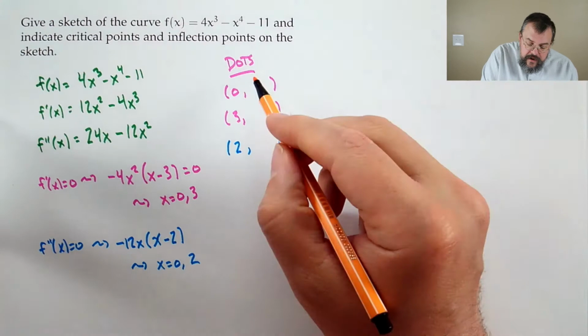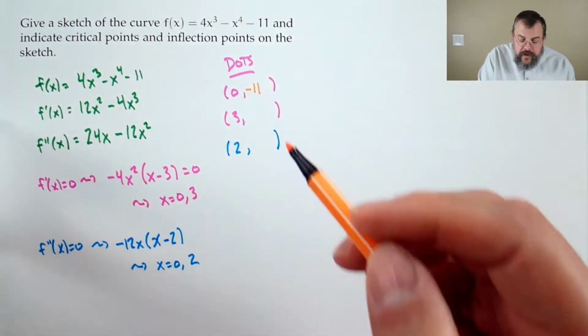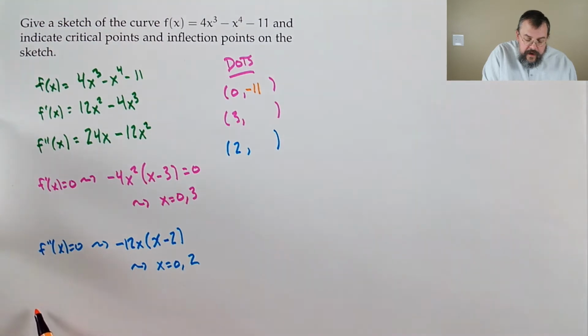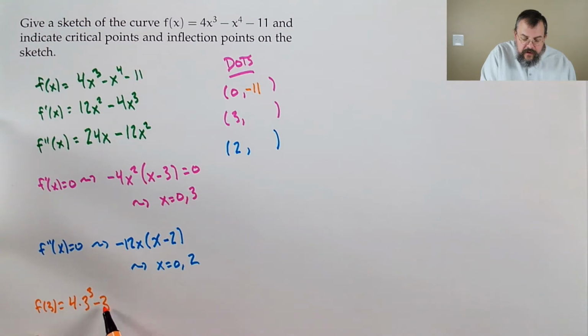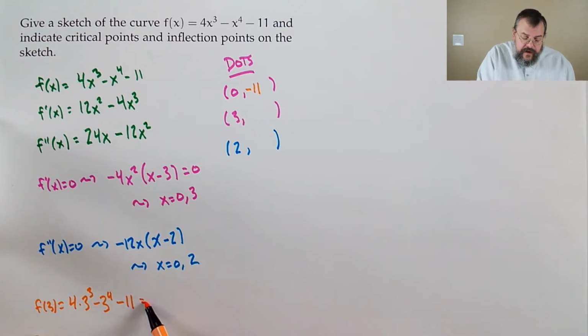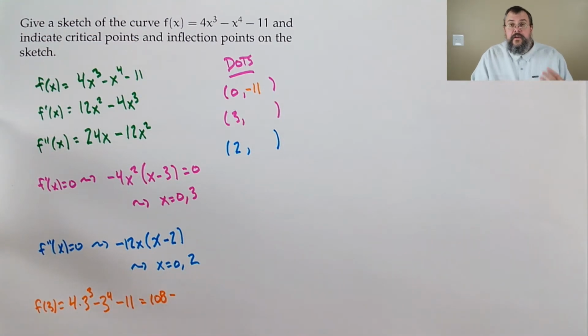All right. Now, the other ones we have to work a little bit on. Let's think about 3. So f at 3 would be 4 times 3 cubed minus 3 to the 4th minus 11. Well, 3 cubed is 27. 27 times 4 is 108. 3 to the 4th, well, that's 3 4 times, right?